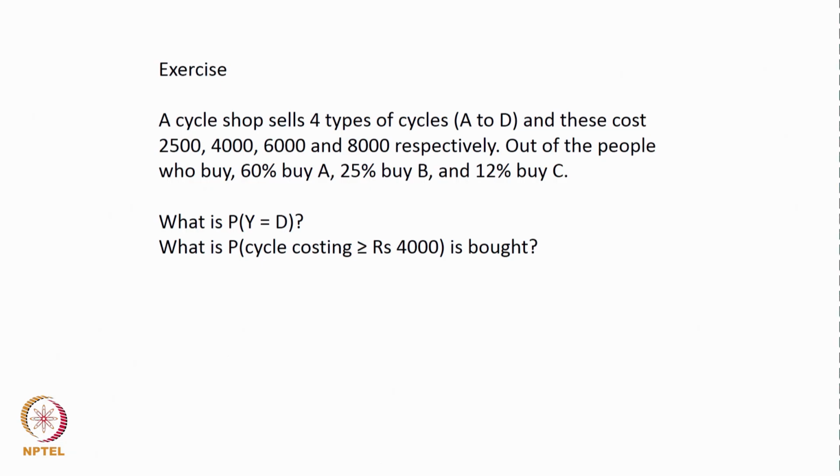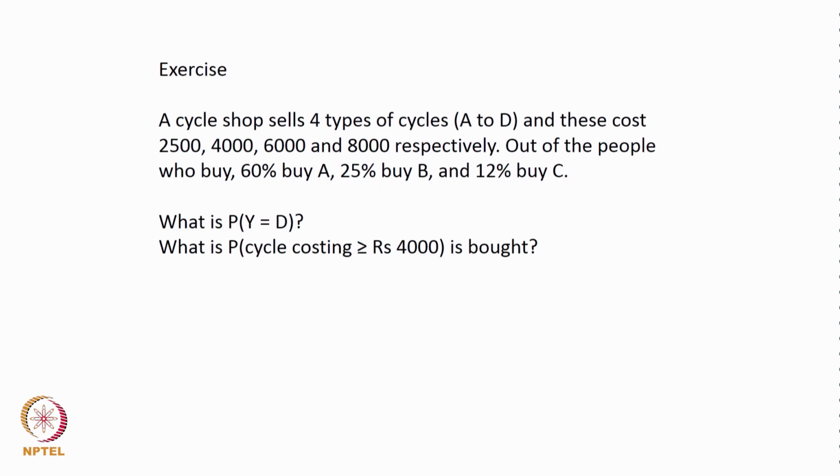A cycle shop sells 4 types of cycles A to D, and these cost 2,500, 4,000, 6,000 and 8,000 respectively. Out of the people who buy, 60% buy A, 25% buy B, 12% buy C. So 60 plus 25 is 85 plus 12 is 97. So what is P of Y equal to D is 3%, because the proportions add up to 1.